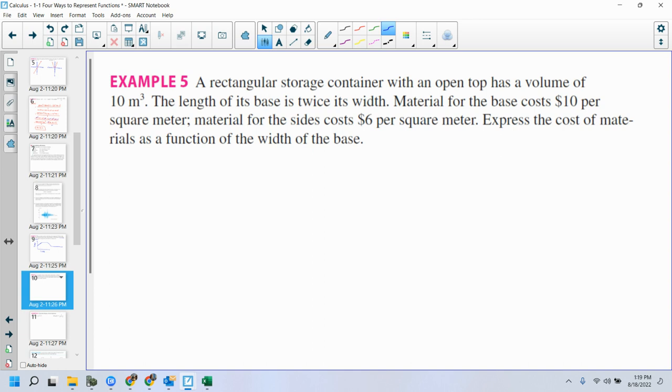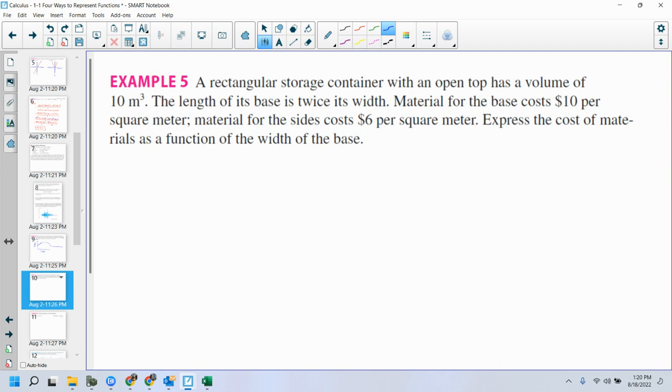Okay. Now, I think we're given a verbal description of something here. What we're going to do is draw a diagram to help us a little bit. But if I want to express the cost of materials as a function of the width, that's telling me to write a function, write an equation.